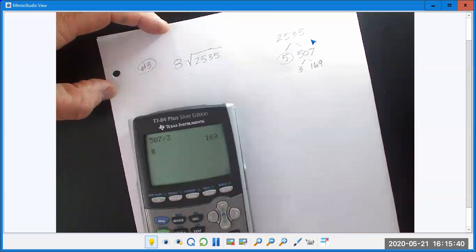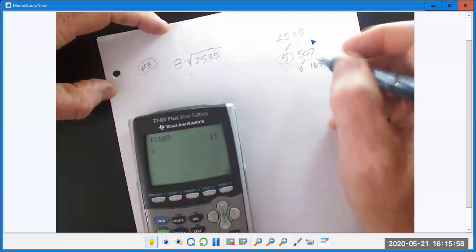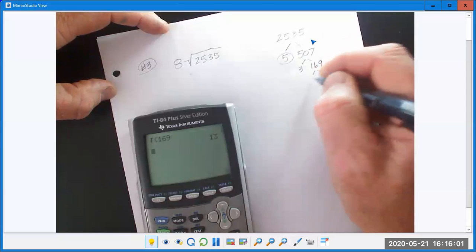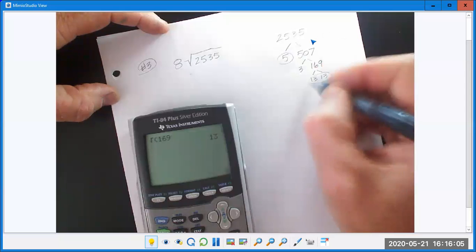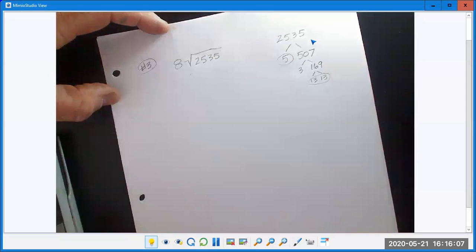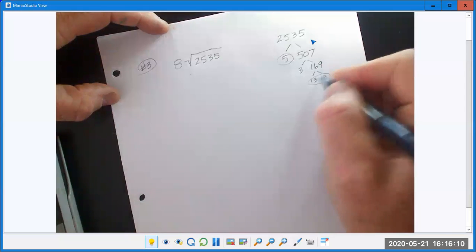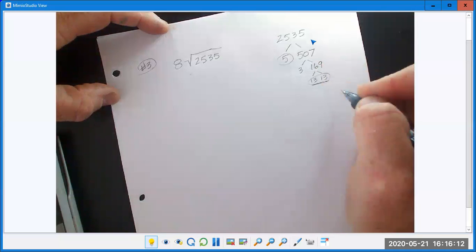So if you have a calculator that allows you to do square root, a basic calculator should allow you to do that. All right. So if I want to take the square root of 169, I'm going to find out that that is 13. Okay. So this is going to break down to 13 times 13. Now, this is the part that's going to come out. This 13 is going to come out.